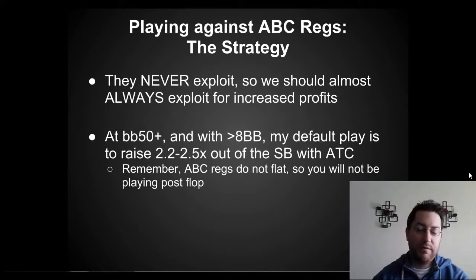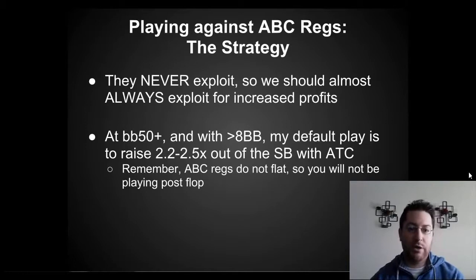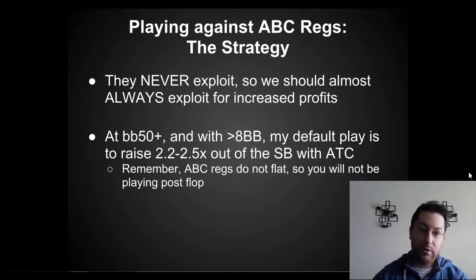Now I know at 25/50 regs are capable of flatting because a raise still doesn't necessarily represent a large portion of their stack. There's still a little bit more maneuverability, but for the most part, until I realize that somebody's capable of doing something different against me, especially an ABC reg, I'm looking to steal. I need a good reason to fold.